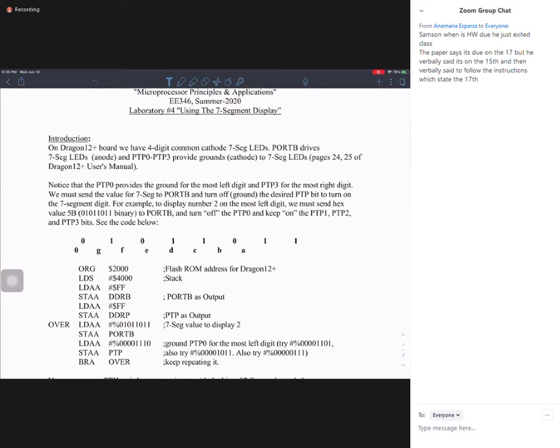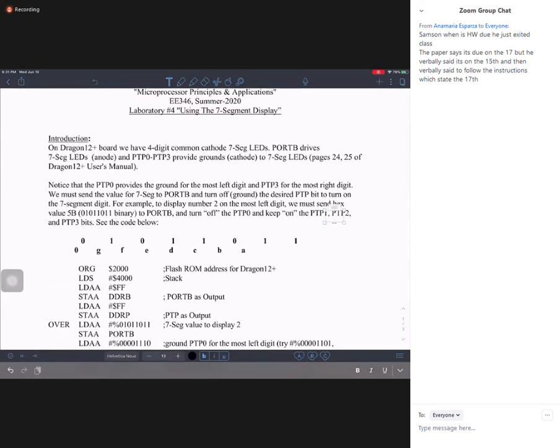So the port B is going to be the port that we use to control or say drive these 7-segment LEDs. And on the other hand, the port P, or say PTP 0 all the way to PTP 3, there's going to be 4 PTP ports that are going to provide the ground, the cathode of the 7-segment display.